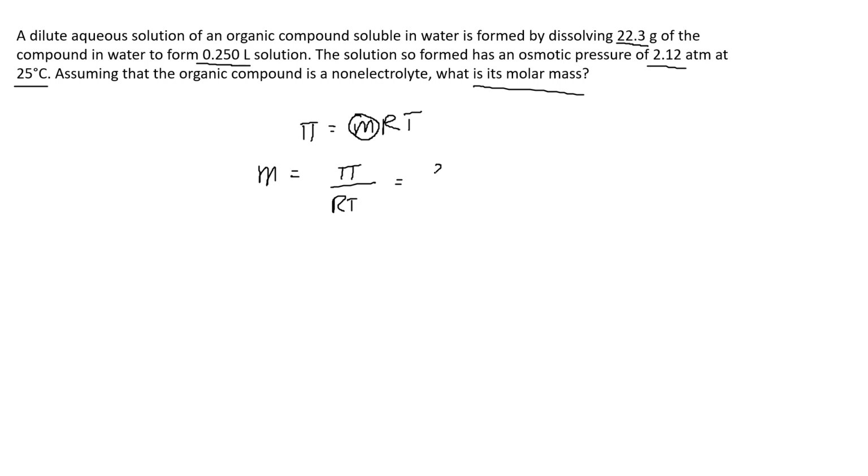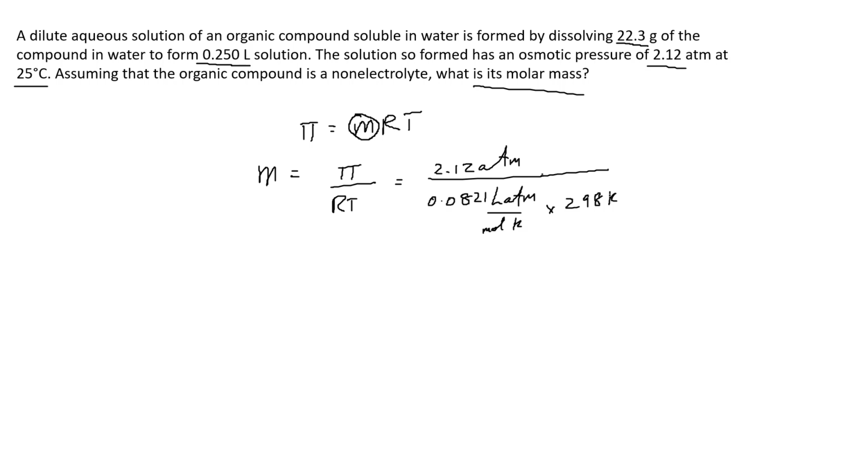Pi is 2.12 atmospheres. R is 0.0821 liters atmospheres over mole Kelvin. And the temperature is 25 degrees, which when converted to Kelvin is equal to 298 Kelvin.